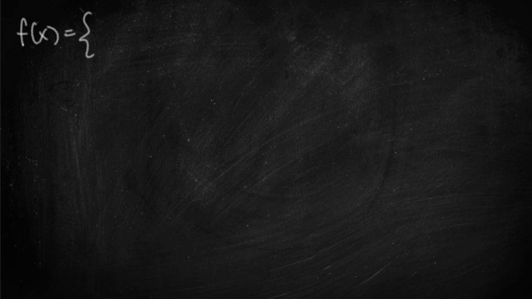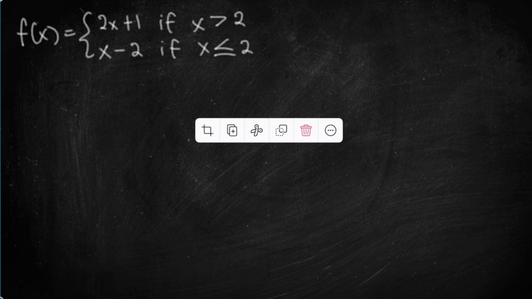This is another distinguishing characteristic of piecewise functions from regular functions. For example, f of x is equal to 2x plus 1 if x is greater than 2, and x minus 2 if x is less than or equal to 2.